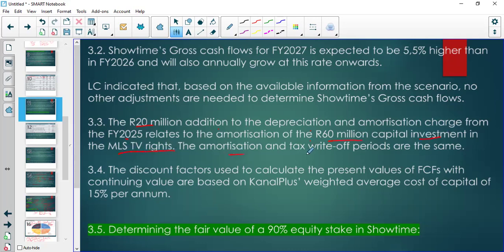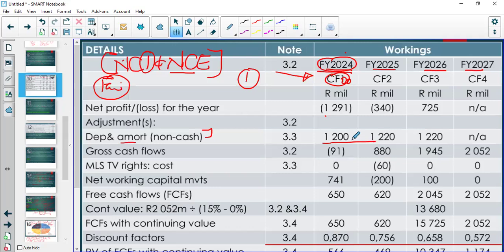The amortization and tax rate of periods are the same, right? So let's see what they're doing. So there's an extra 220. Right, so this has been added back as it is.